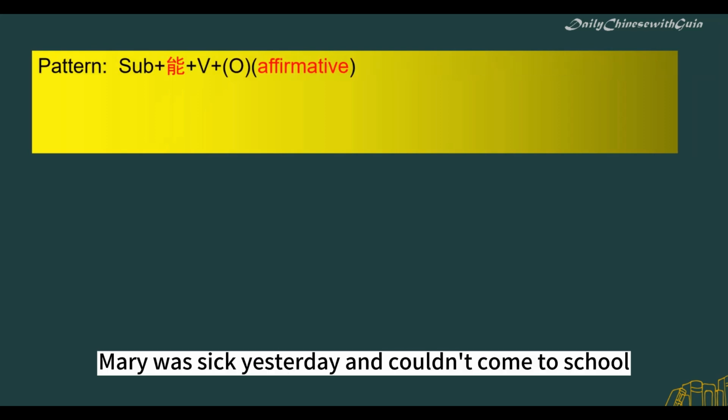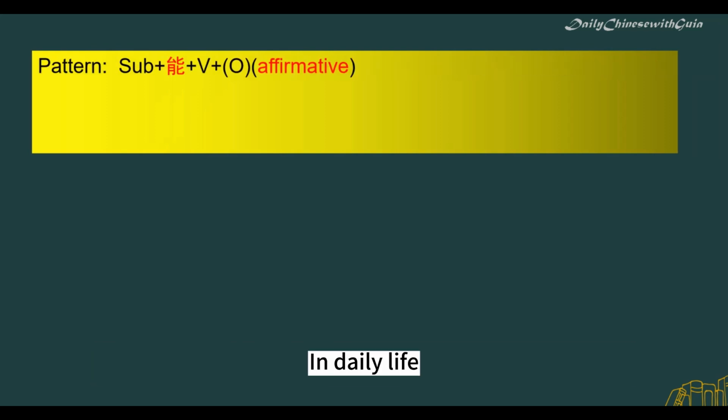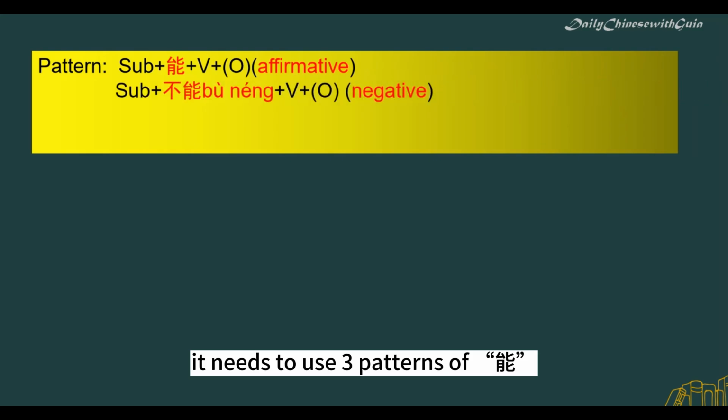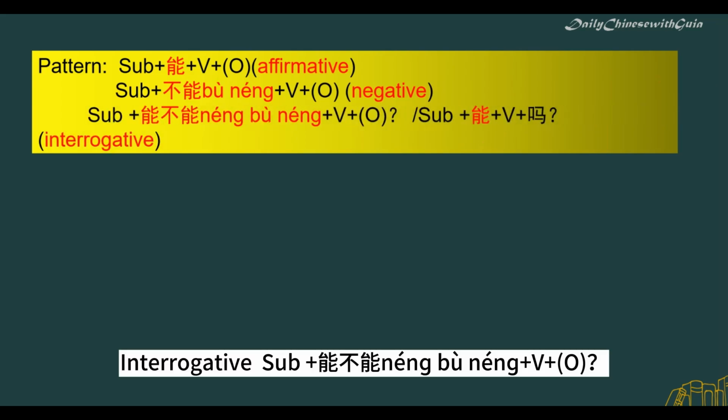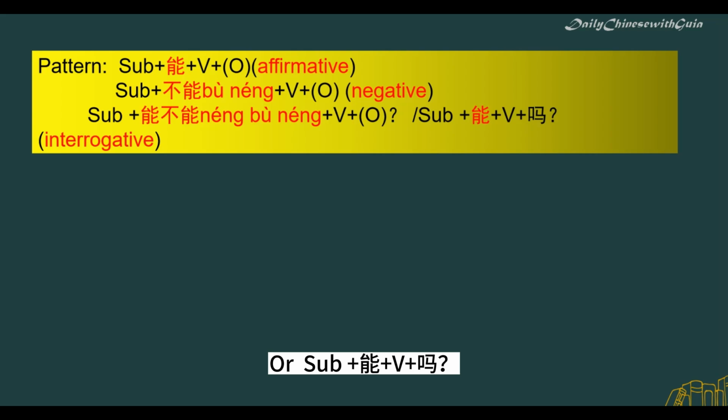In daily life, we need to use three patterns of 能. Firstly, affirmative: sub plus 能 plus verb. Negative: sub plus 不能 plus verb. Interrogative, there are two forms. The first one, sub plus 能不能 plus verb, or sub plus 能 plus verb plus 吗.